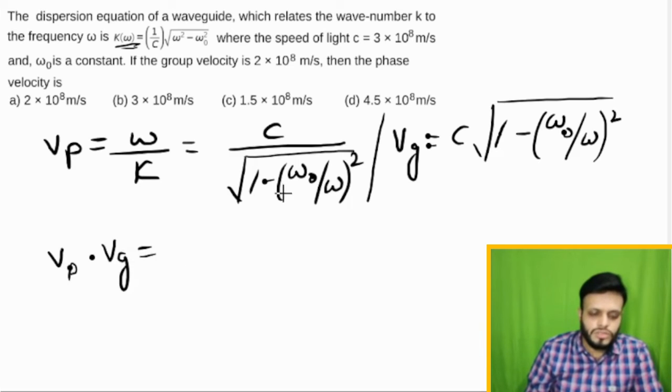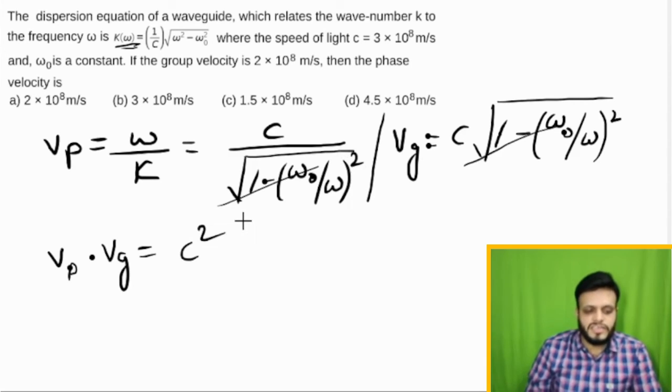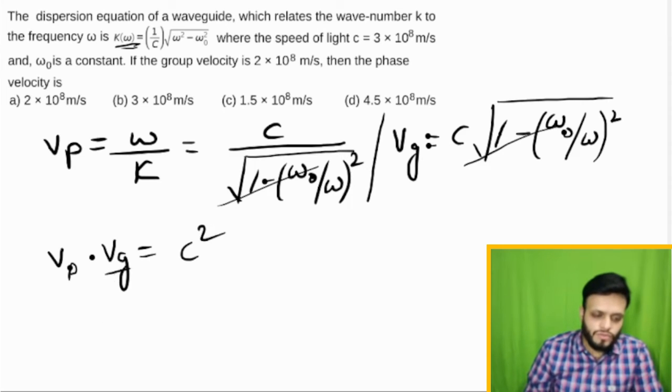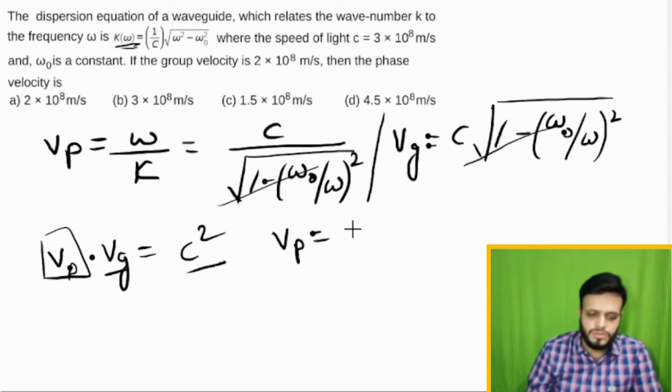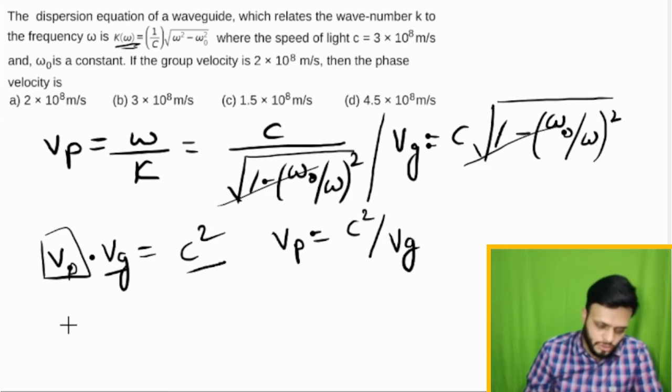In the multiplication, the square root term gets cancelled and we get c square. We know the value of group velocity, and c is the velocity of light, a universal constant, so we can find Vp. The equation can be modified to Vp equals c square over Vg.